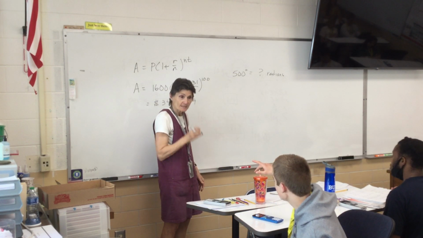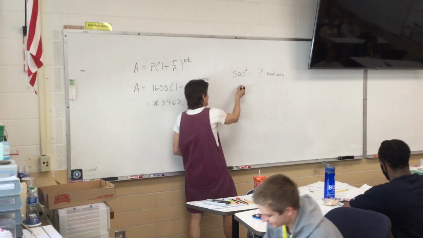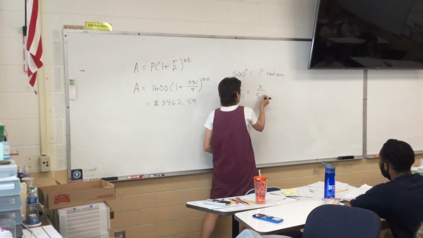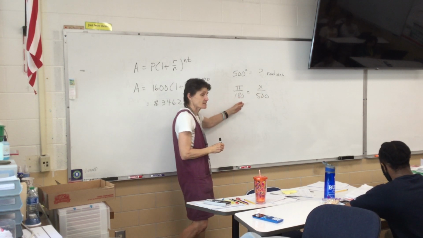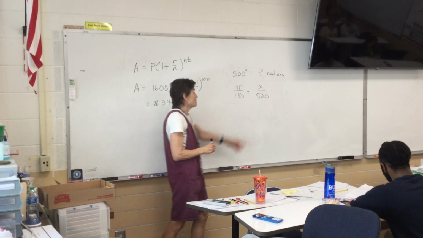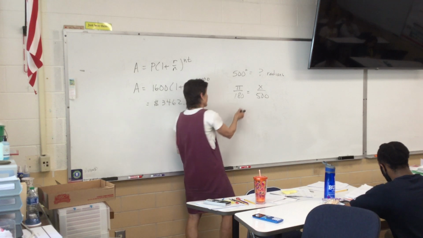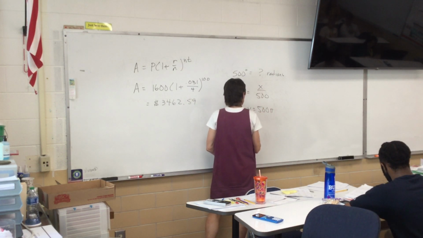Sean? Yes! Look, he just walked in and he's got it already. He says pi over 180 equals something over 500. That's exactly right. Pi radians is 180 degrees, so x radians is 500 degrees. So we cross multiply, and we divide.